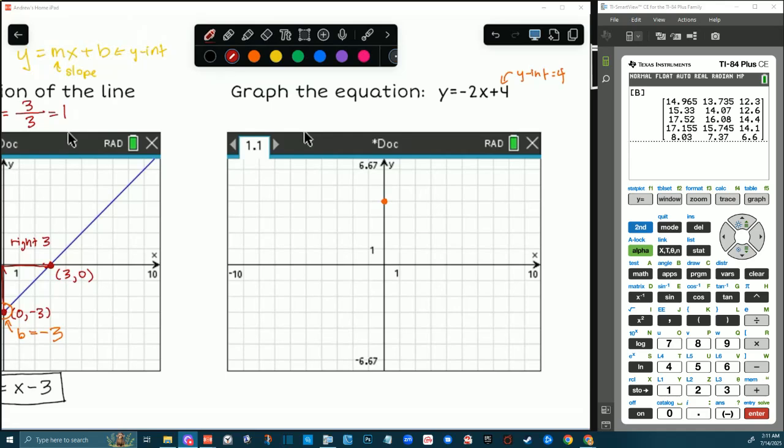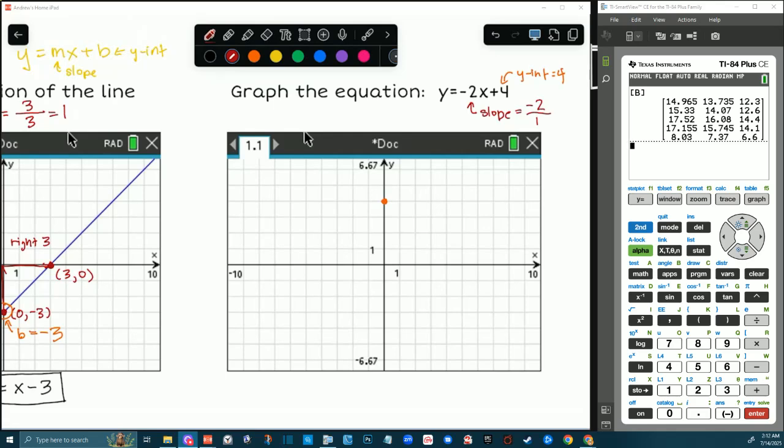And I know that the number in front of the x represents my slope. And they gave me a constant, negative 2. And I know slope is rise over run, meaning I should have a fraction. And if I want to turn a whole number into a fraction, I just put it over 1. So negative 2 is the same as negative 2 over 1.